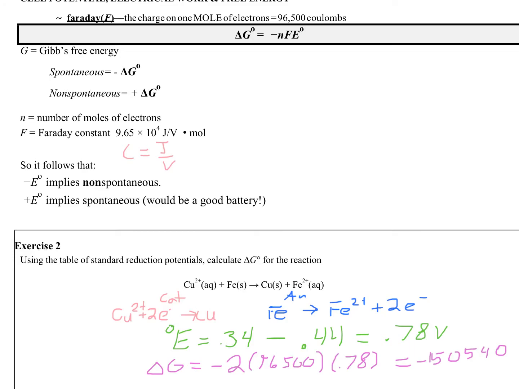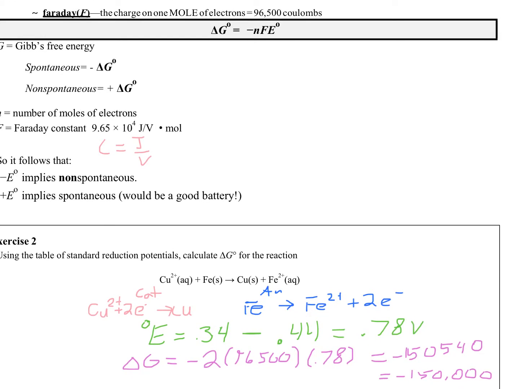So I round for sig figs and I get negative 150,000. Now for my unit, you could just go with what you know. Well, you know that this should be joules per mole. Okay. Now the reason why I know it's joules and not kilojoules is because we started with volts. But I'm actually going to show you the units to make sure you understand why I knew that.